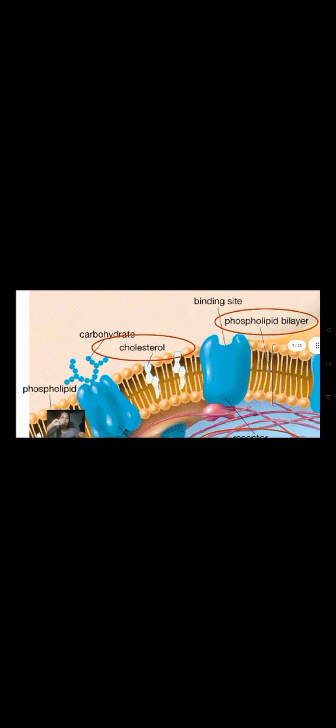Next are the carbohydrates. The carbohydrate chains attached to proteins or lipids, like glycoproteins, are involved in cell-to-cell communication. These carbohydrate chains can help cells identify each other and form tissues, like when cells of the same type are grouped together to form organs. And next we have the receptor protein.